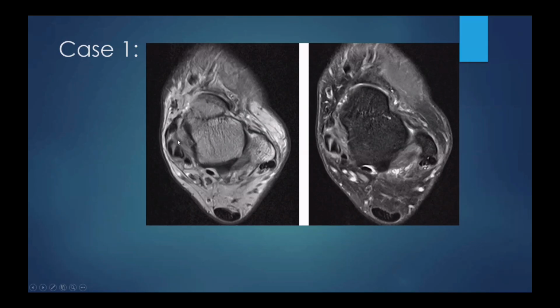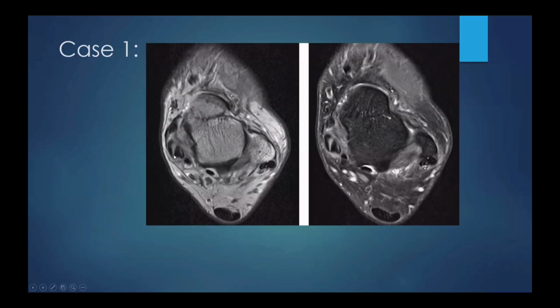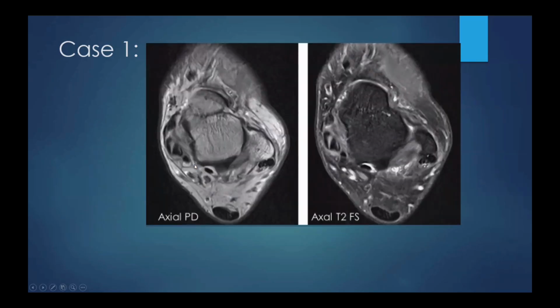As I mentioned earlier, we should see 3 tendons in this compartment. But in this slide, we have 1, 2, 3, 4 tendons. And also we have a fluid signal intensity separating these 2 low signal structures. You can see it here.